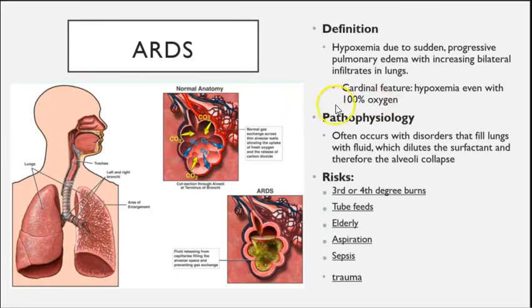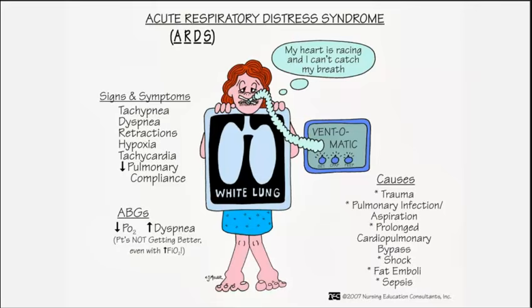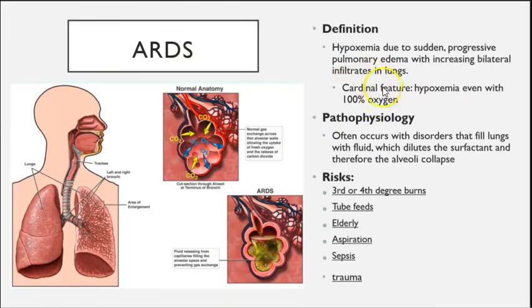Now, I'm going to go on a little side note here. We breathe in 21% oxygen, room air. If we're healthy and we're able to breathe appropriately, our oxygen is going to be 21%. 100% pure oxygen is given for those that have hypoxemia.